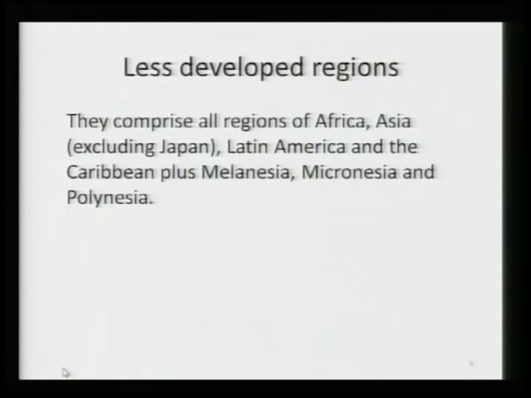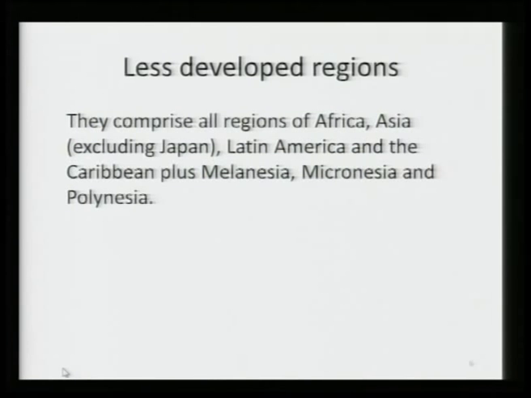And less developed countries are countries of the regions of Africa, the whole of Africa, the whole of Asia except Japan. Japan is considered part of the developed countries. Then Latin America, the whole of Latin America and the Caribbean, plus Melanesia, Micronesia and Polynesia.